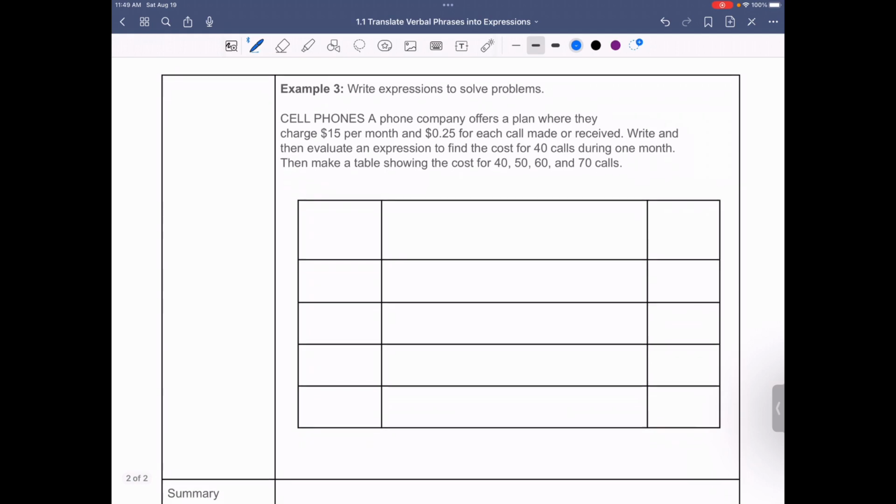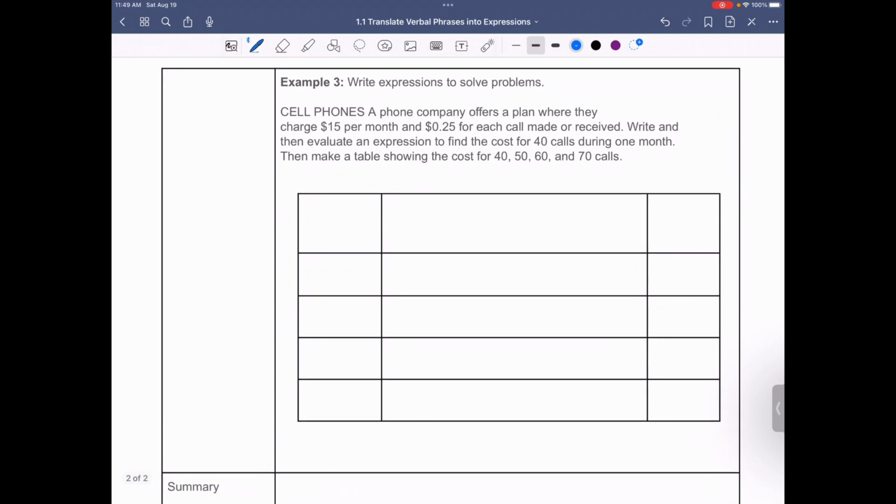We are on our last example, which is writing expressions to solve problems. Our problem is about cell phones, and it says a phone company offers a plan where they charge $15 a month and 25 cents for each call made or received.